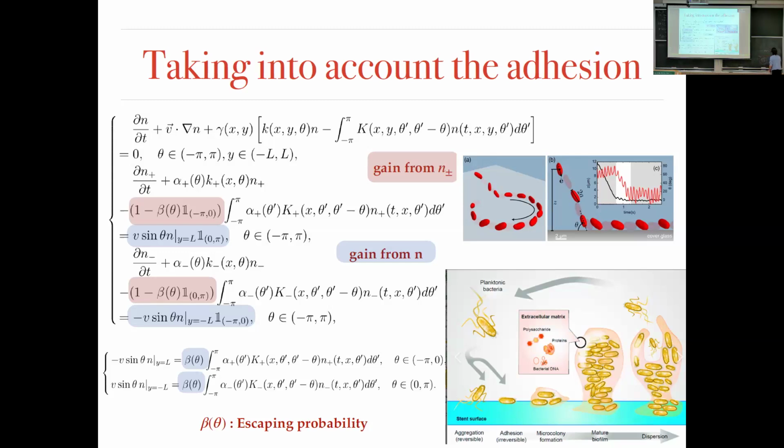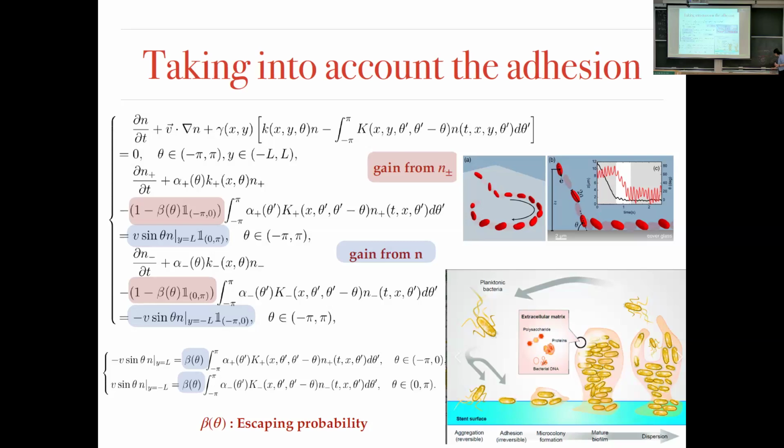This is a very typical experimental setup. They just put cells between two parallel plates, and the plates are very close to each other, and they look from the upper part at the density distribution of the cells.